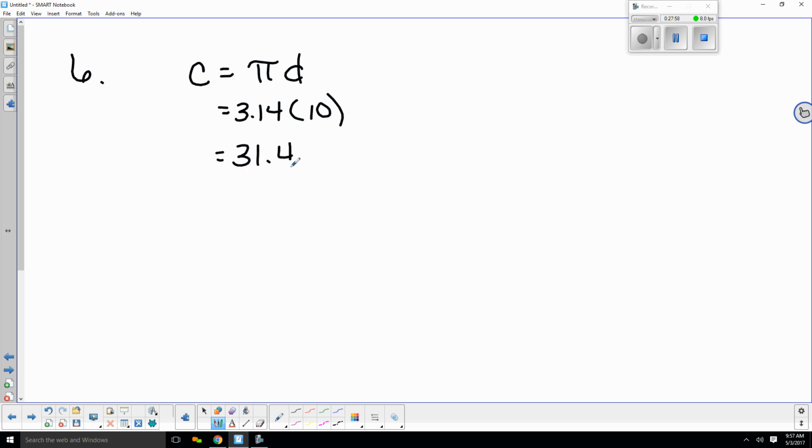So that's 31.4 feet. Now I want to find the area. That's pi r squared. If the diameter is 10, what's the radius? 5. So 5 squared times 3.14 is 78.5.